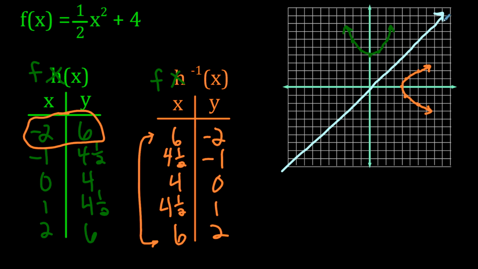So if you have, I'll see if I can wing it here, a smiley face, and you reflect that over this line, oh boy, that's going to be like down here or something like that. It'll look something like that. So it's just going to be a reflection over that line y equals x. These two would be inverses, if you can read my penmanship.